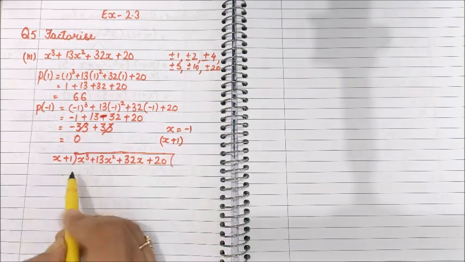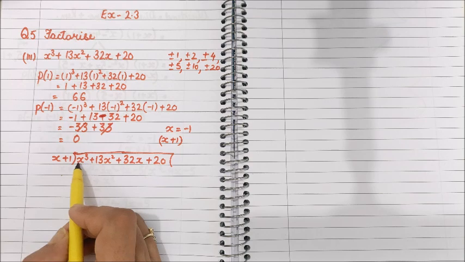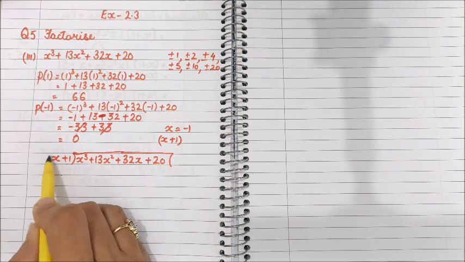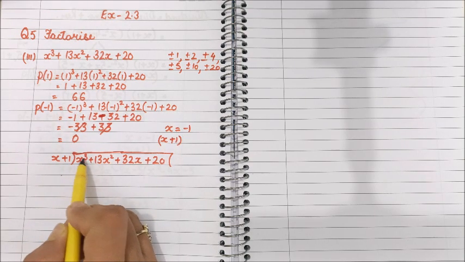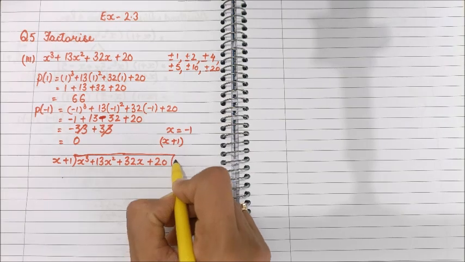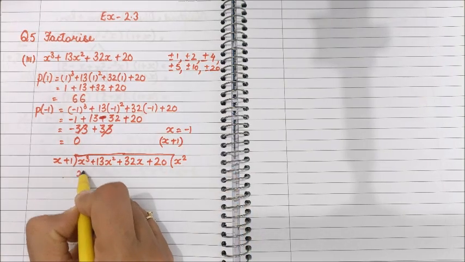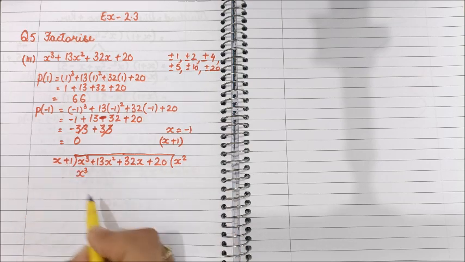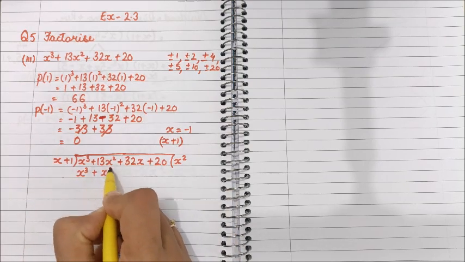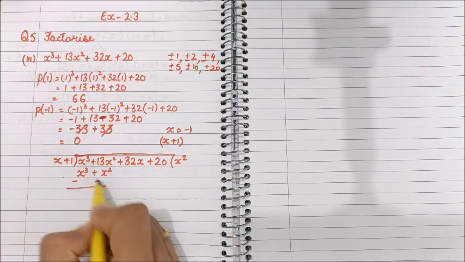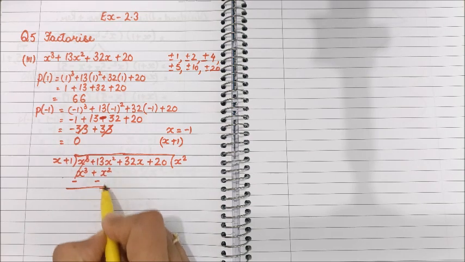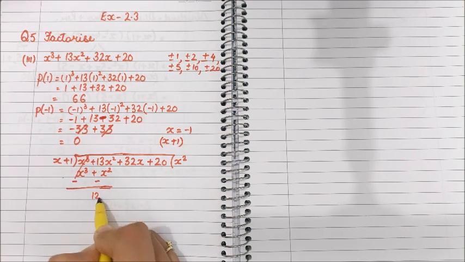So let's divide this. I have to look for that term which will make x cube, because I want x cube here. So I will be multiplying it with x square. x and x square will give me x cube, and x square and 1 will give me x square. So changing the signs, this will cancel, and 13 minus 1 will give me 12x square.